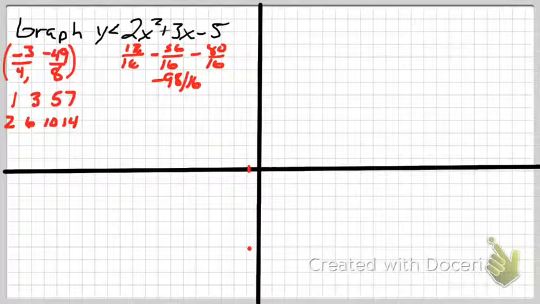So you're going to have to go over 1, up 2, and leave it in that same area. So 2 is going to look like that. See how I kind of put the dot in the same general location as the vertex. And then you just keep going. You put in 6. I have room for 10.